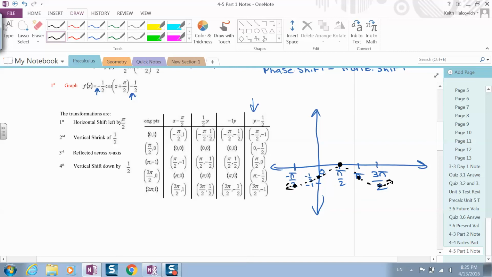So remember, there was a horizontal shift left pi over 2, a vertical shrink, and a vertical shift down by 1/2. So the original 0 point actually shifted to the left pi over 2 and down 1/2.